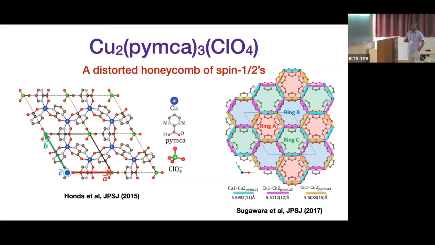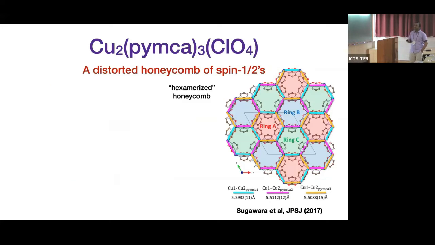Although the basic honeycomb has a unit cell with 2 lattice points, in this case it has 6 atoms per unit cell. So it's a hexamerized honeycomb lattice because it has 3 unequal bonds.